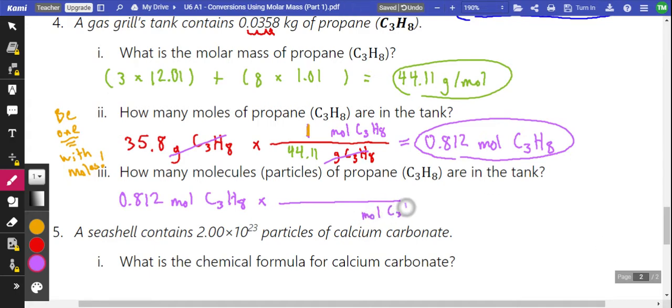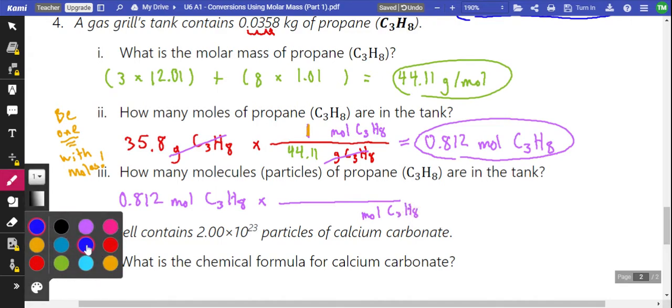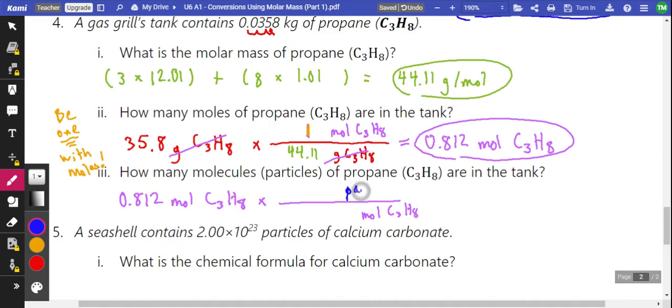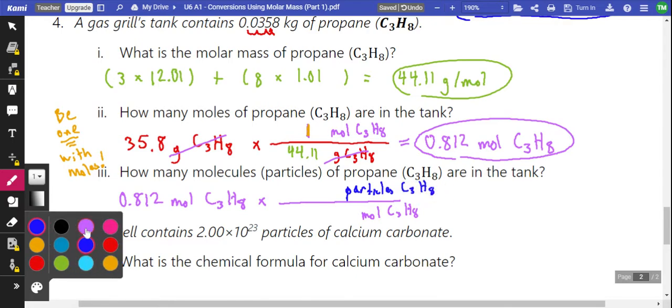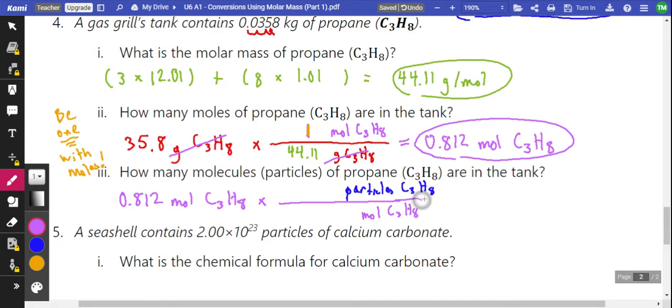Moles of C3H8 is going on the bottom. I'm trying to get to particles of C3H8 on the top. Before I even have to start thinking about it, I have moles in a fraction bar, which means I'm going to be 1 with moles. So I put a 1 down there. That's already taken care of.